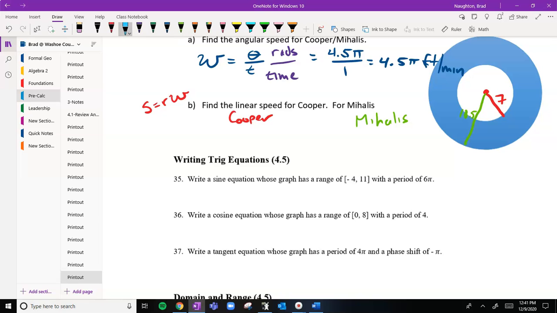So let's do our Cooper here. So S is equal to R omega. So our radius is 7, and then 4.5 pi. And then we just throw that in the calculator.